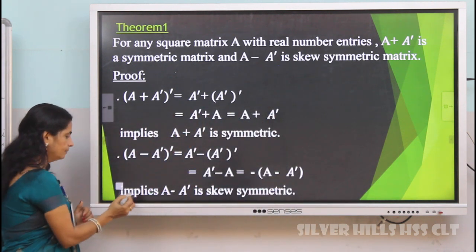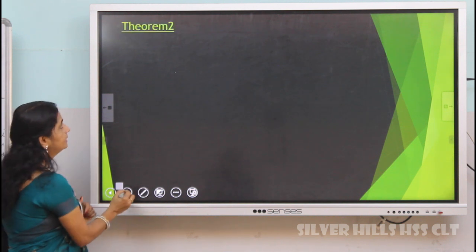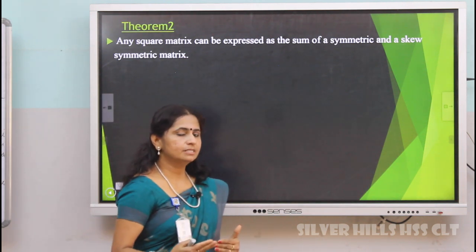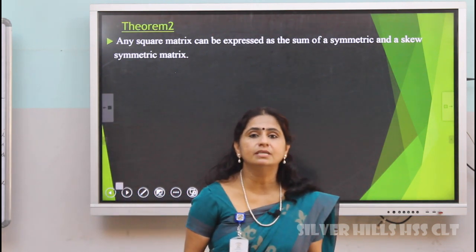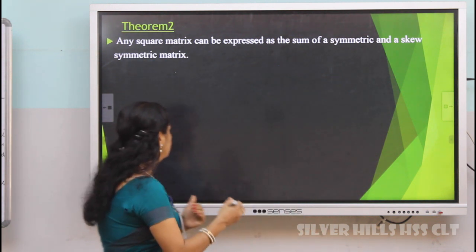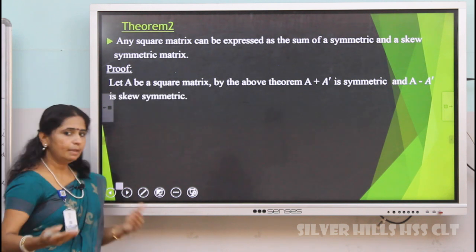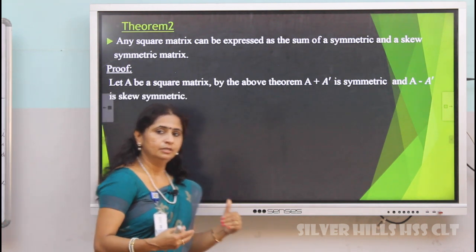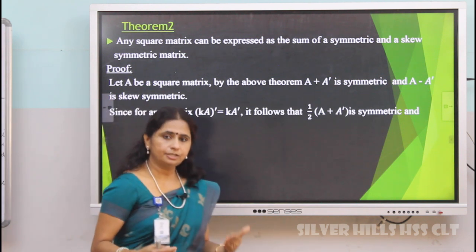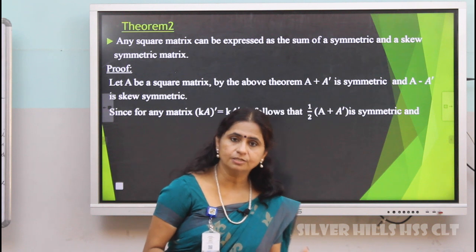We will use this theorem for the next theorem, stating that every square matrix can be expressed as a sum of a symmetric and a skew symmetric matrix. Just now we proved, for a square matrix A, that A plus A transpose is symmetric and A minus A transpose is skew symmetric.